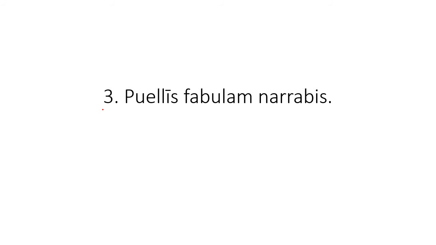"Puellis fabulam narabis." Let's find our endings. We have "-is," "fabulam," "narabis." All right, so just looking at your endings, "-bis" has to be your verb. Can either of the other two endings serve as the subject?